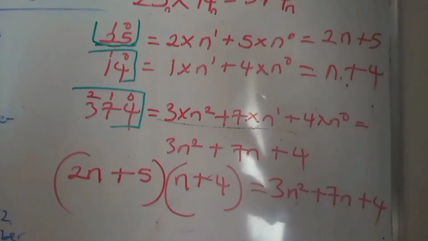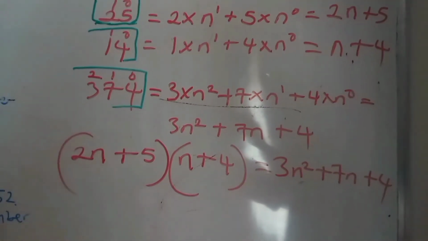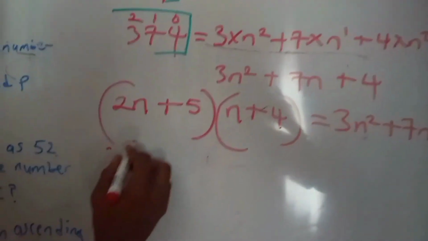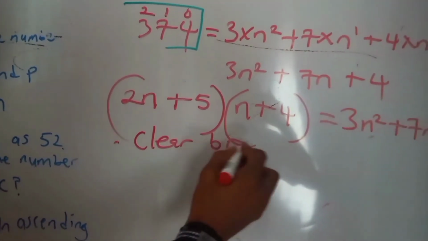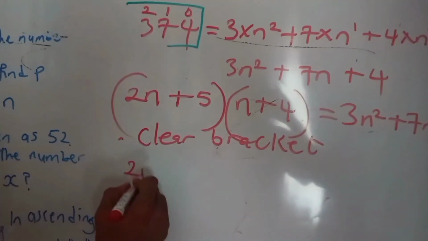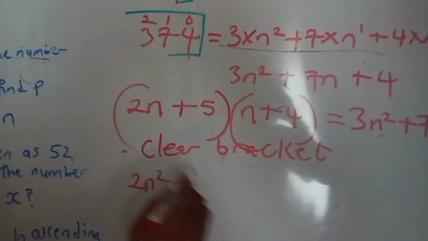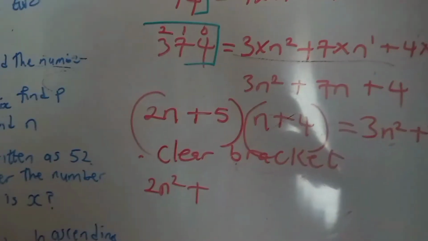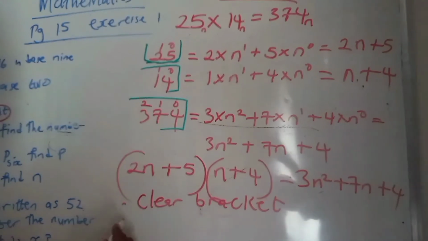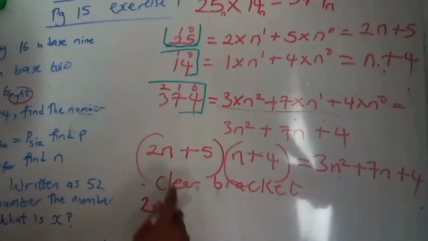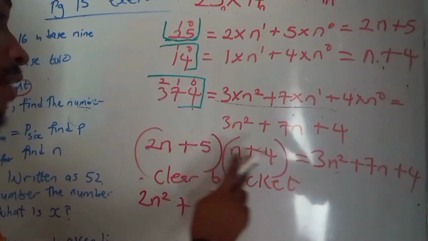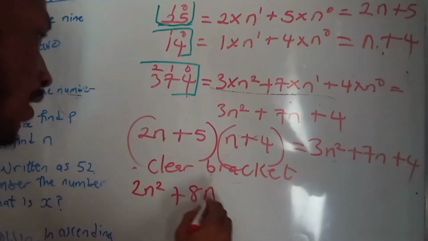So what happens next? We clear brackets. 2n times n is 2n squared. Plus 2n times 4 is 8n.